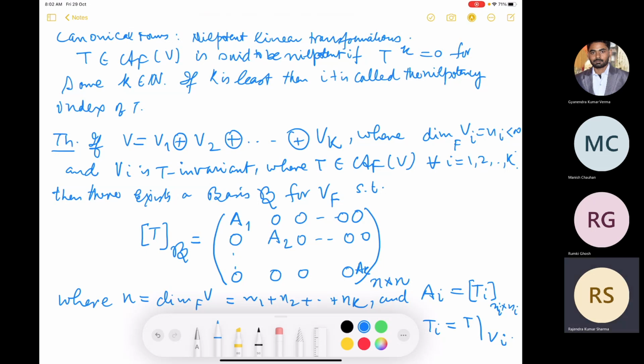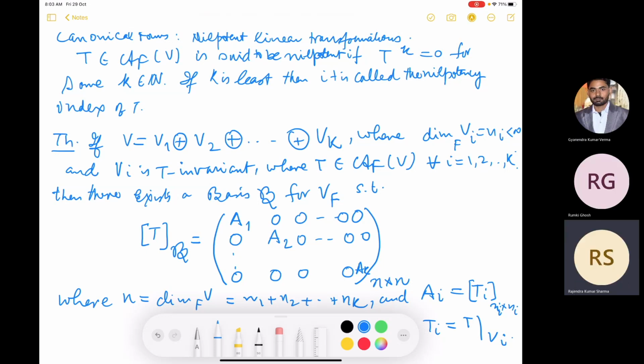Okay, so we wanted to prove more than that. Not just that it is strictly triangular. In fact, we can prove that there is a basis with respect to which the matrix is a diagonal matrix, but this diagonal consists of matrices themselves, A1, A2, up to Ak, where Ai is the matrix of Ti, and Ti is the linear transformation that is obtained by restricting T to the component Vi.